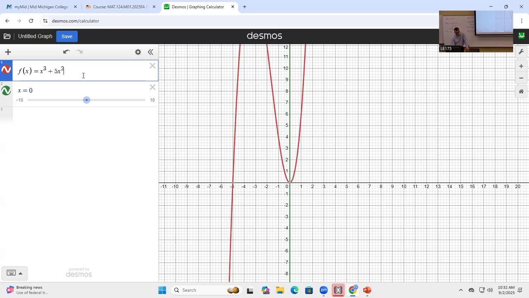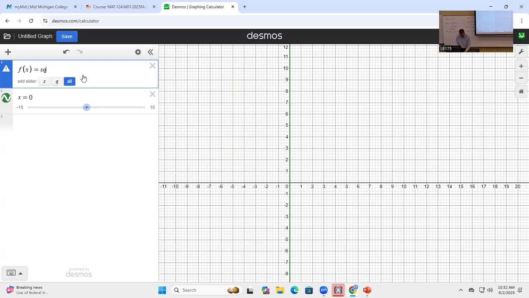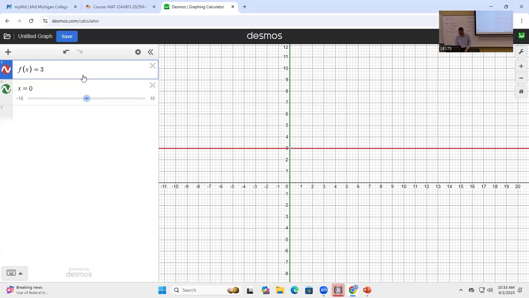And then our last was the cube root. I always forget how to write that. If I forget how to write cube root, there is a way to do this, but the easier way is to use exponents.